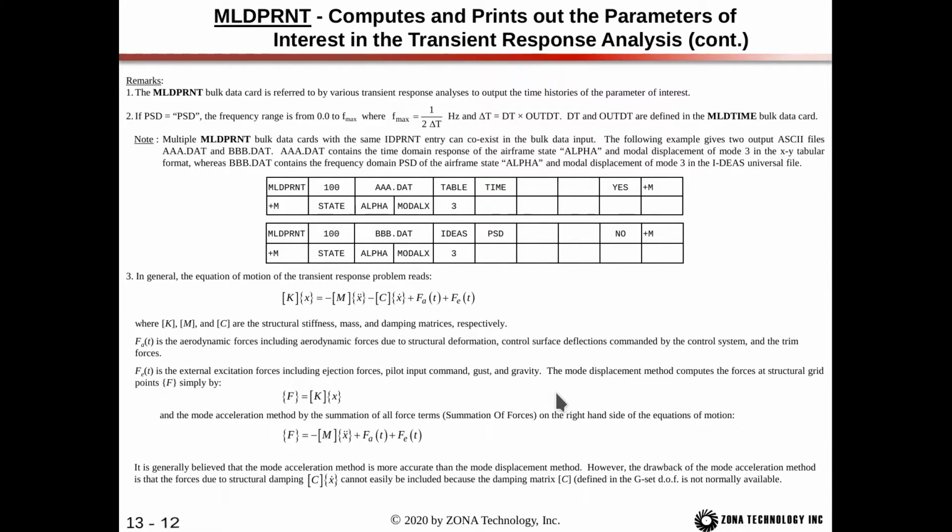So the mode displacement method computes the forces at the structural grid points by F equals k times x. And the mode acceleration method uses the summation of forces. So F is equal to minus m times x double dot plus Fa of t plus Fe of t. It's believed that the mode acceleration method is more accurate than the mode displacement method. However, the drawback of the mode acceleration method is that the forces due to structural damping cannot be included because the damping matrix is normally not available.